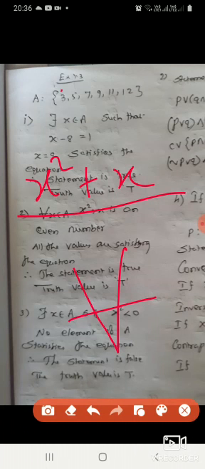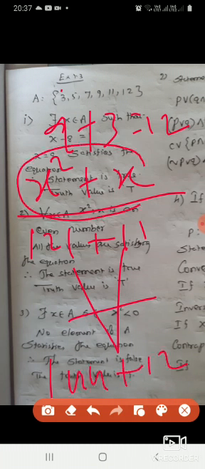First I take 3: 3 squared is 9, 9 plus 3 is 12, an even number. 5: 25 plus 5 is 30, even. 7: 49 plus 7 is 56, even. 9: 81 plus 9 is 90, even. 11: 121 plus 11 is 132, even. 12: 144 plus 12 is 156, even.